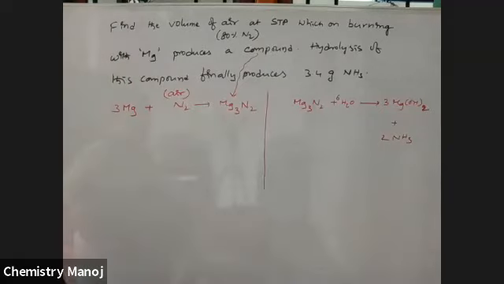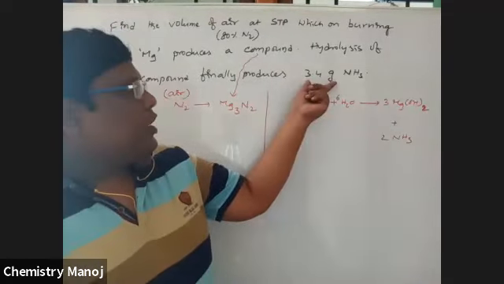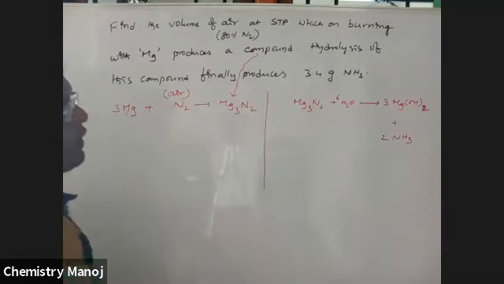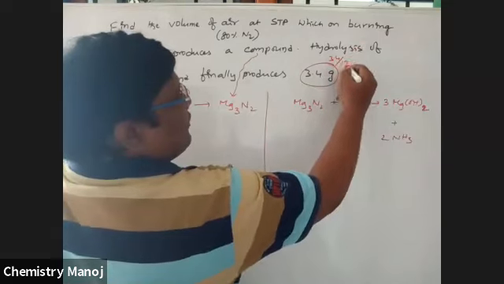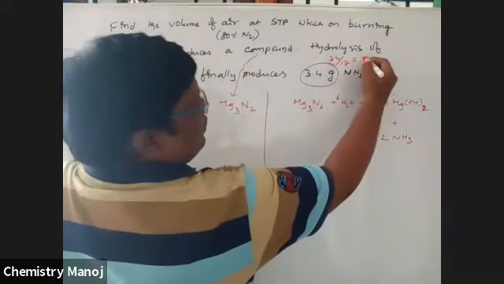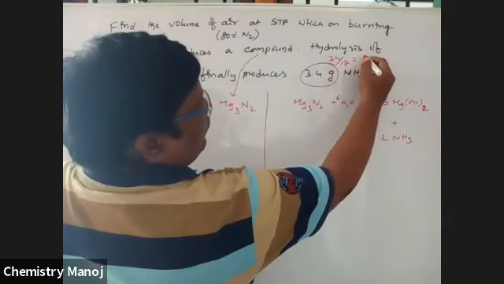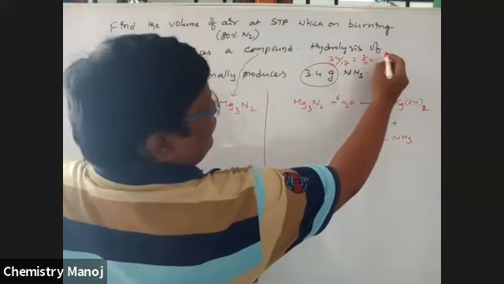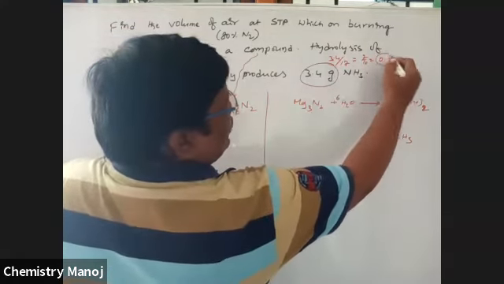Now solve. Here this product is formed. How much product is formed? 3.4 grams, which means 3.4 by 17, that is 0.2 mole.